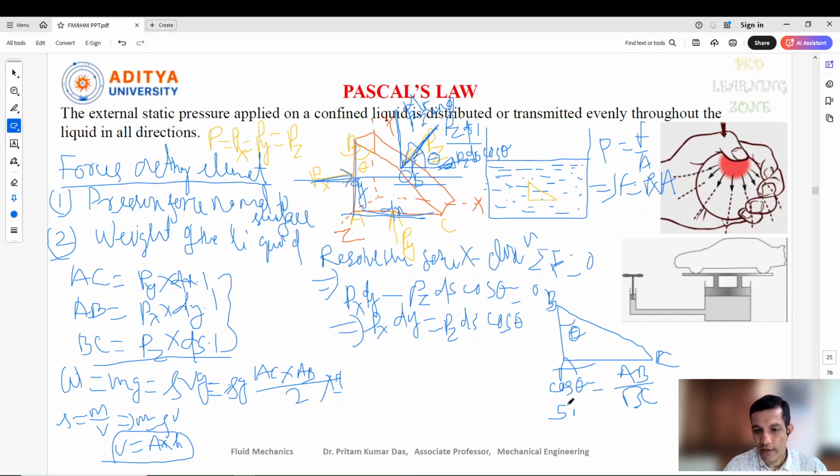Similarly, sin theta equals the opposite side AC divided by the hypotenuse BC. Very simple. So cos theta equals AB by BC, and AB equals BC cos theta.